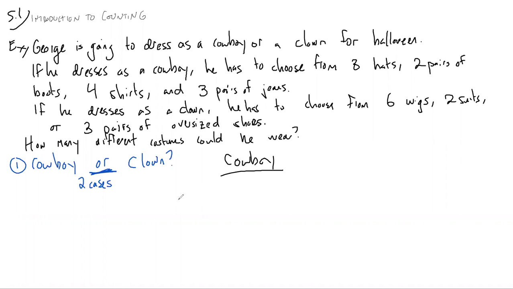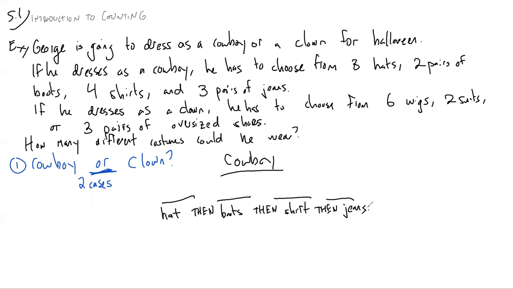So if he chooses cowboy, it doesn't really matter what order he's choosing it in, but it's going to be hat, then boots, then shirt, then jeans, right? So like he can't dress up as a cowboy and not be wearing pants, right?